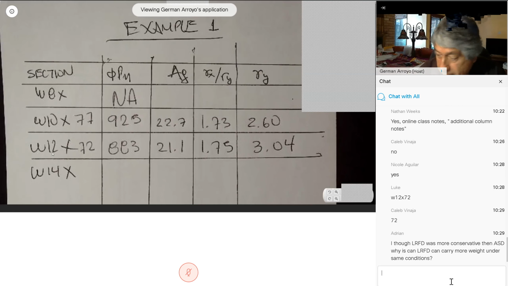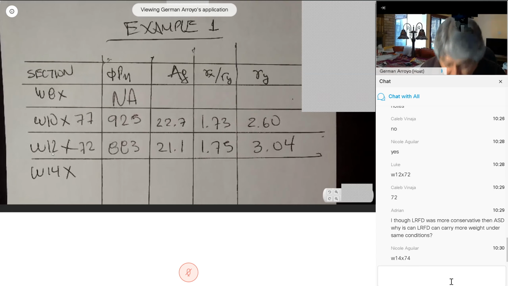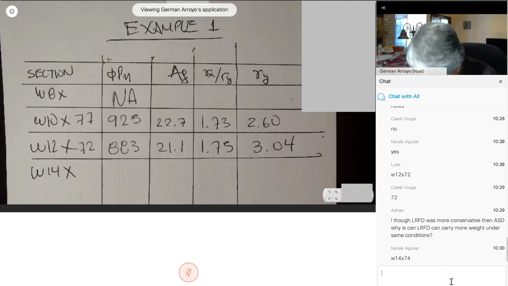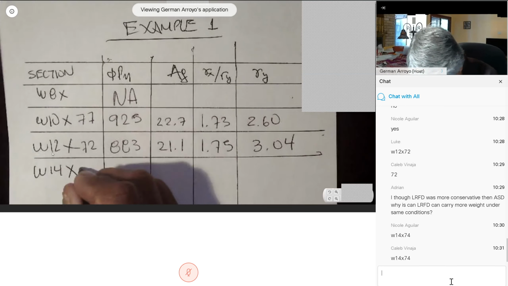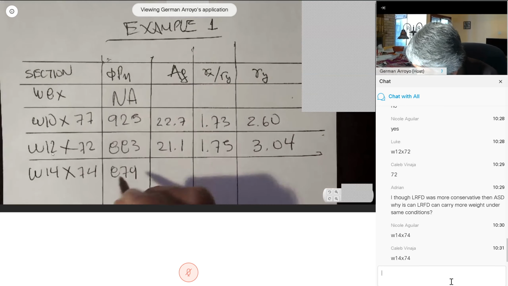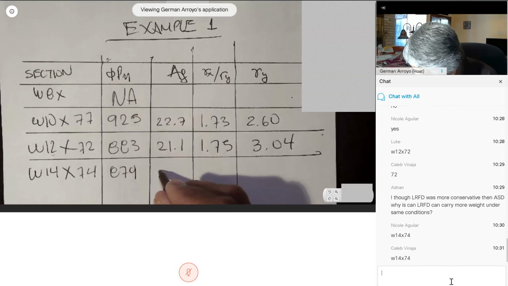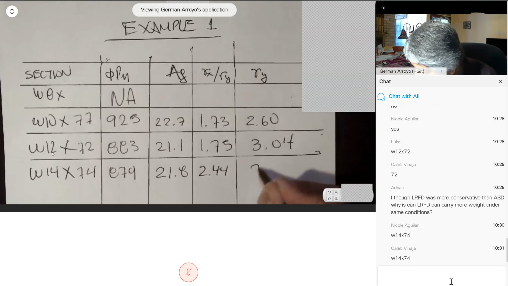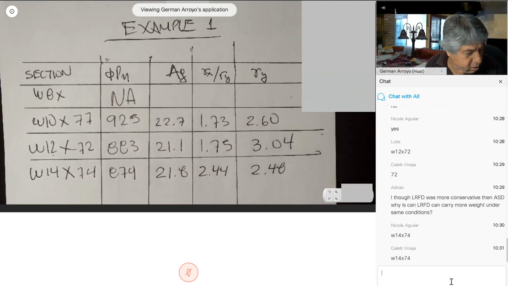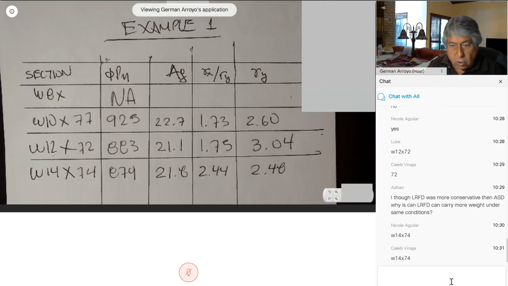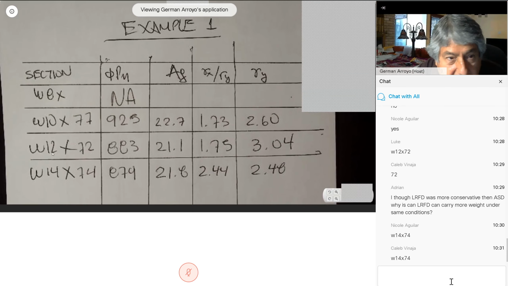Okay. So let's go to W14. Again, W14 with KLY 8 and PU 840. W14 by 74. That is correct. This is 879, 21.8, 2.44, and 2.48. This comes from the bottom of the page: the gross area, Rx over Ry, and Ry come from the bottom of the same page.